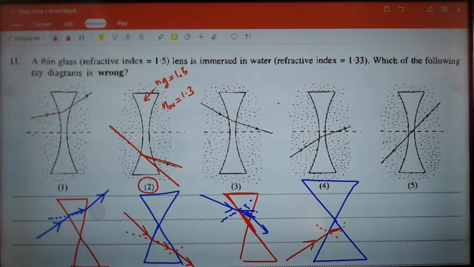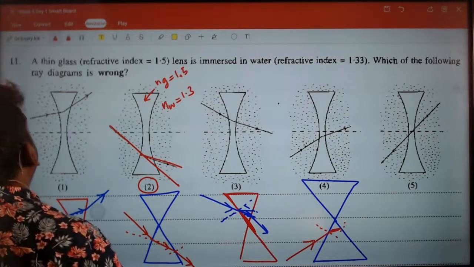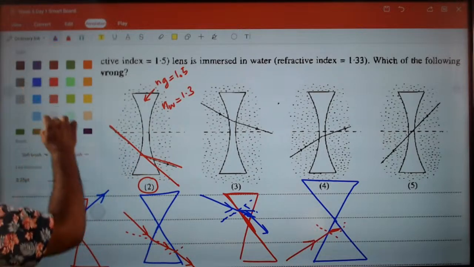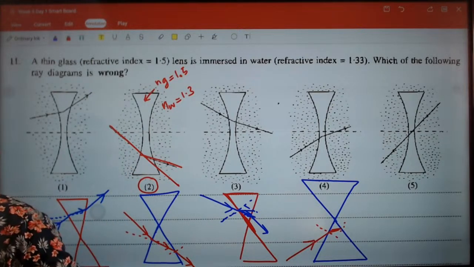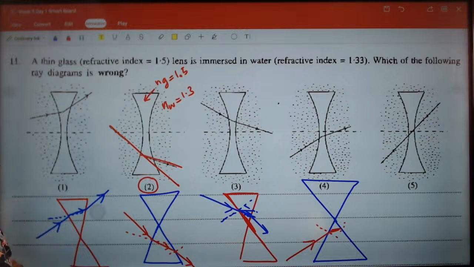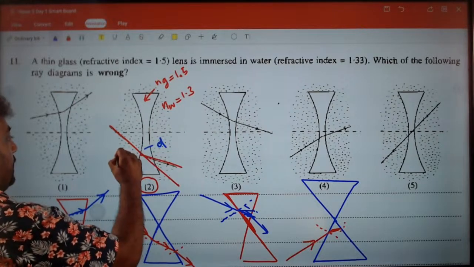So what are they asking? Which diagram is wrong? So thin glass, refractive index 1.5. So the denser, surrounding is rare.